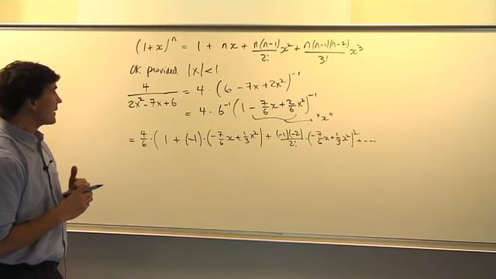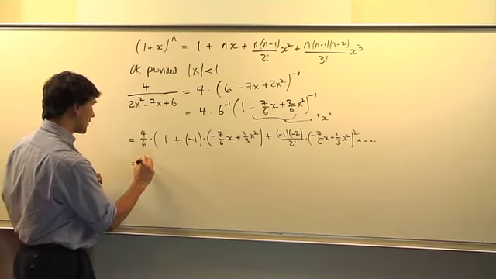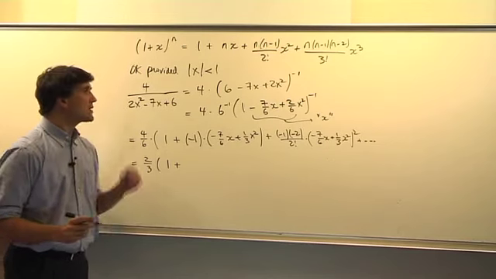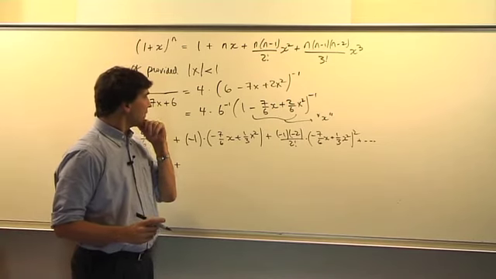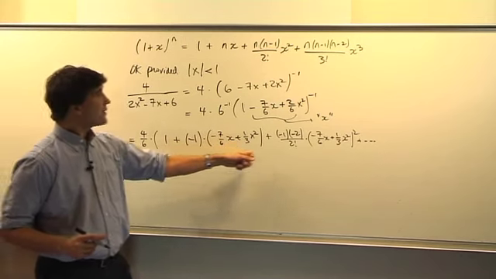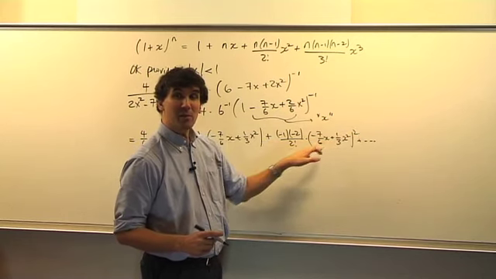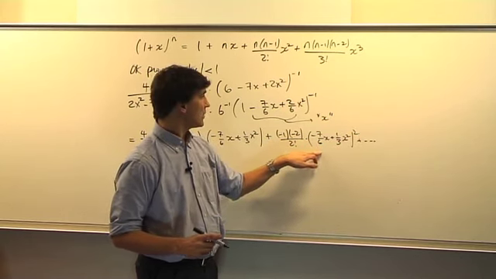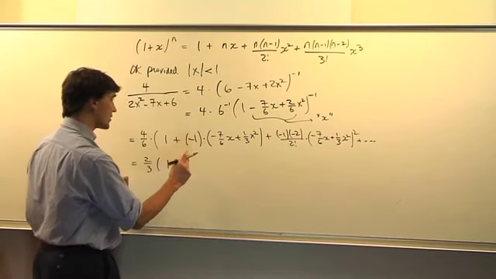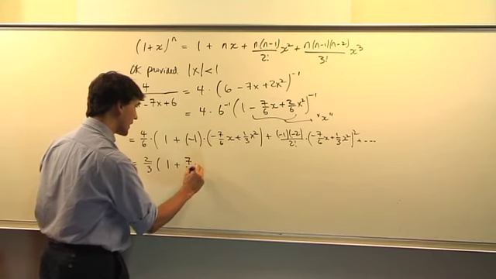So let's try and deal with this. At the front, we've got 2/3 times 1 plus. Now, how many x's do we have? Well, this term here has an x in it. This term here, well, it's got an x in it, but it's been squared. So there's going to be some x squared contributions from this term here, but there aren't any x's in it. So the only x that we've got is this one. So there's a minus 1 and a minus 7 over 6x, so 7 over 6x.